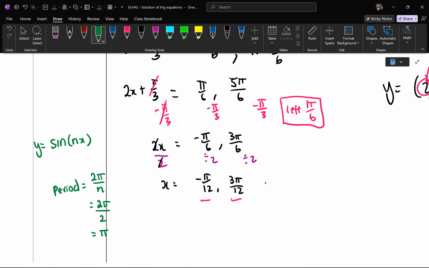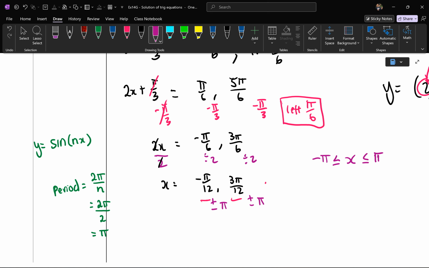But what it means is that your final answer, in order to get a full answer, you must add and subtract pi to both of them up until you're out of the domain. So the domain said you can only work between -pi to pi. Keep adding and subtracting until you're no longer one whole in the negative direction and one whole in the positive direction.